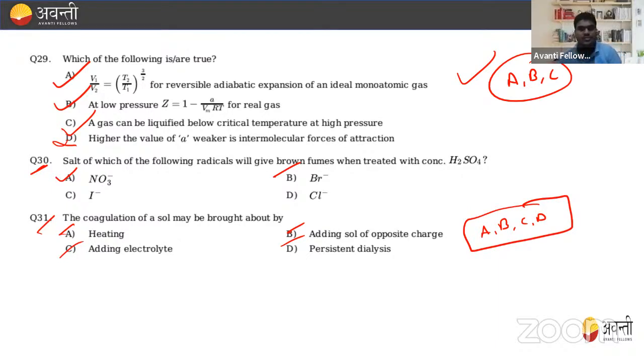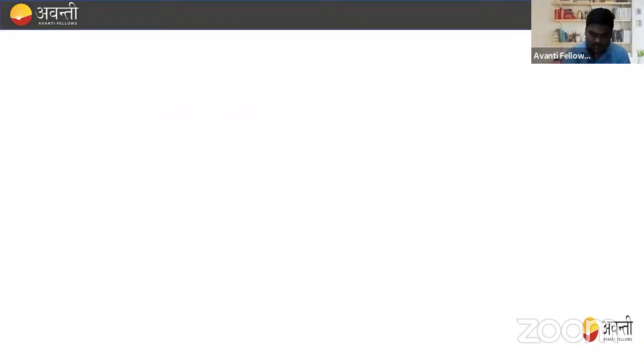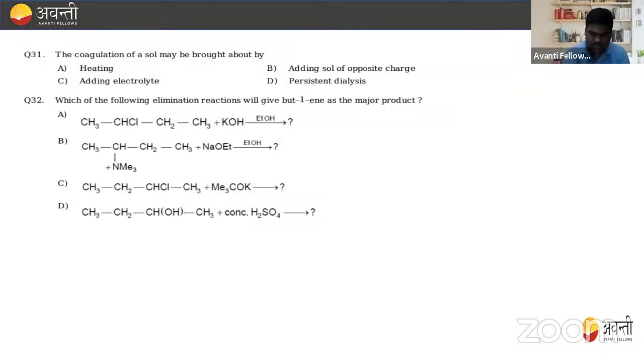So the coagulation of sol may be brought about by heating, adding sol of opposite charge, adding electrolyte, and persistent dialysis. So these all four are the correct options, right? Yeah, we already covered this question, A, B, C, D, all are correct.